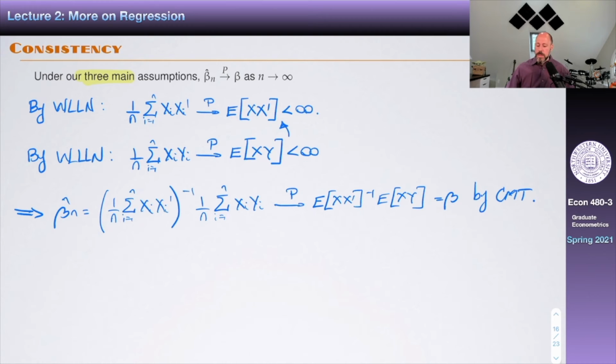And then we're done. So proving consistency is straightforward. It just follows from the weak law of large numbers and continuous mapping, by the fact that least squares is just a continuous function of these two averages.